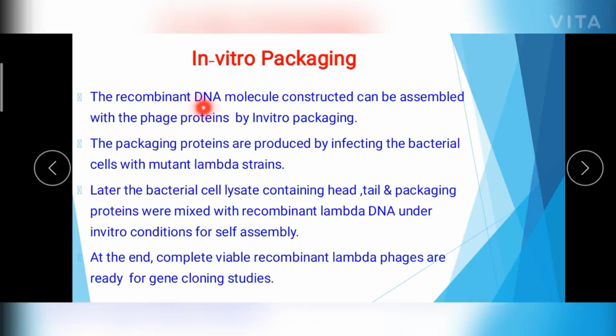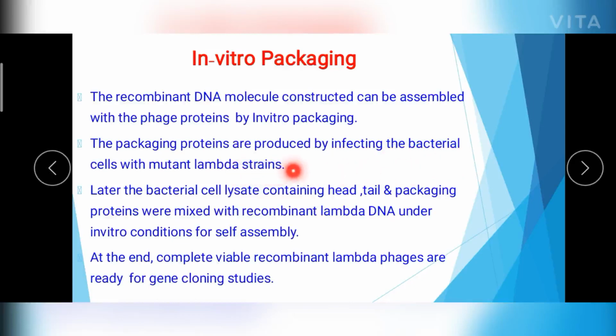Thus you have seen that the non-essential genes in the lambda genome are replaced by our desired gene to construct a recombinant DNA molecule. This recombinant lambda phage genome can be assembled with the phage proteins by means of a method called in vitro packaging. During this process, the packaging proteins are produced by infecting the bacterial cells with mutant lambda strains.